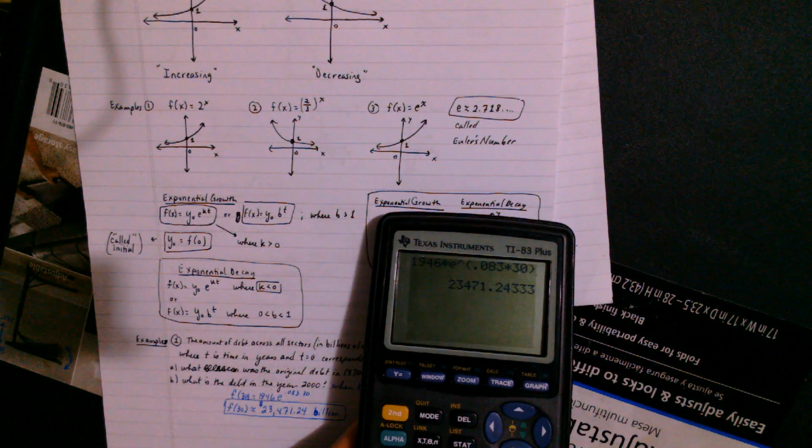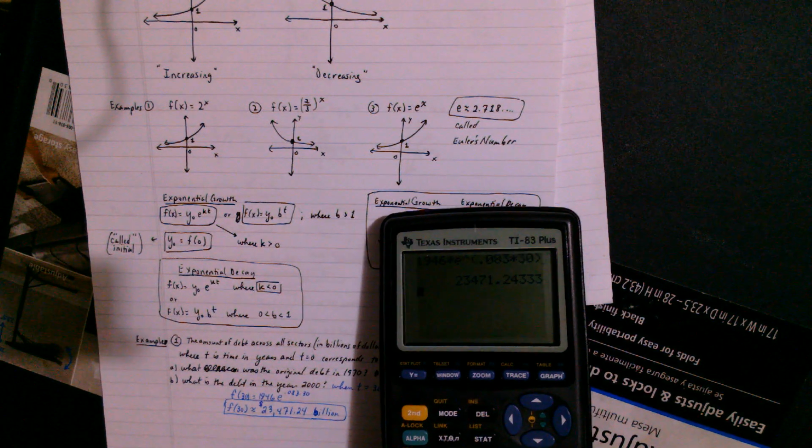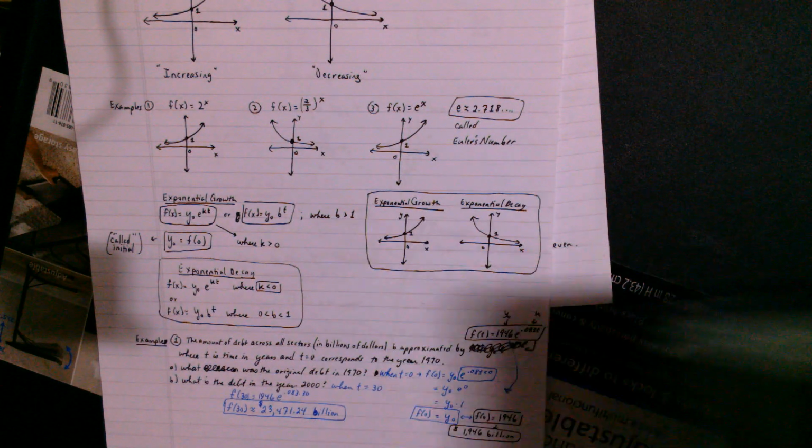And that's $23,471.24 billion. That's all it is, just to get your feet wet a little bit, just to try a couple application problems. Nothing fancy, just to walk you through this.